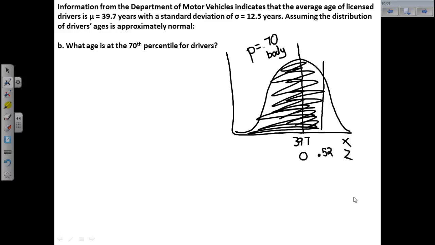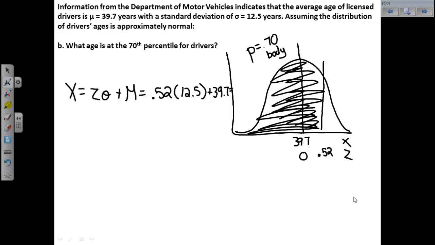So now we need to figure out x. So what age is at the 70th percentile? Using our lovely formula, z is now positive 0.52 times the standard deviation 12.5 plus the mean of 39.7.